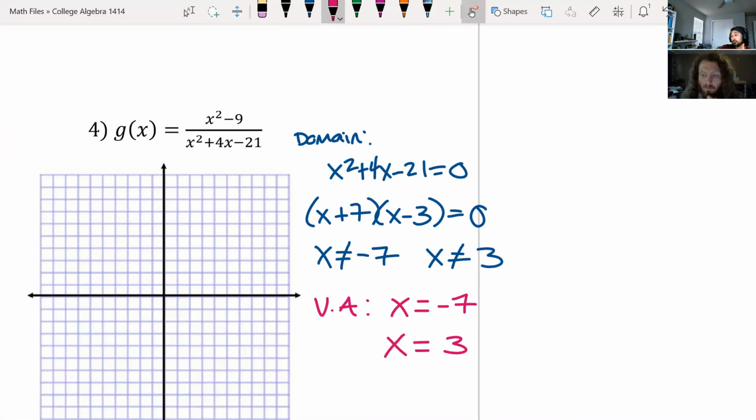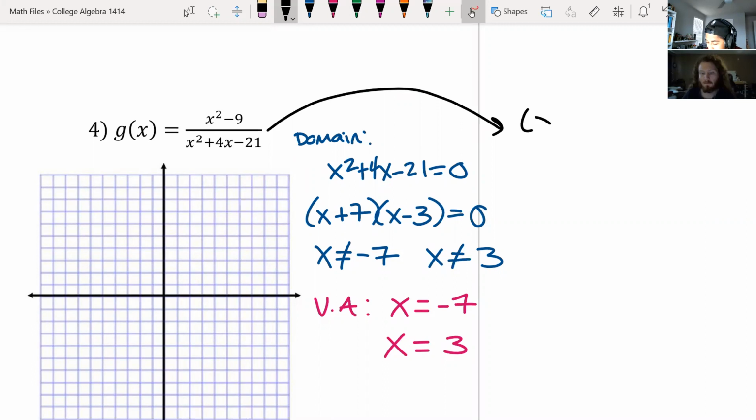Okay, but look at the numerator again. Can you simplify this rational function? x squared minus 9 is what? x plus 3, x minus 3.